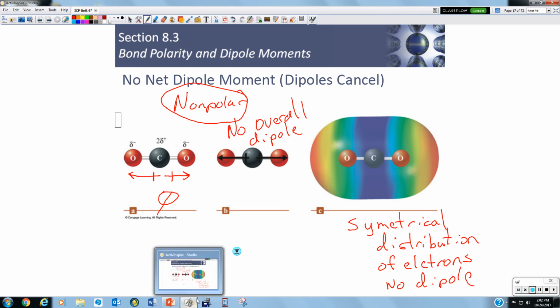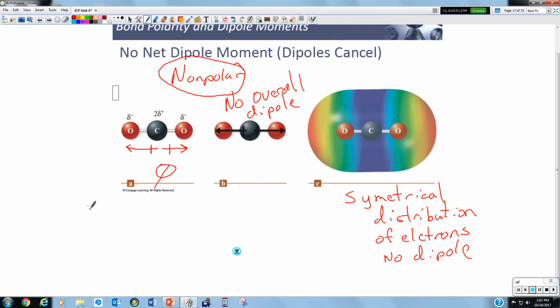And I will tell you this has a lot to do with the shape of the molecule, and it has to do with what's involved in the molecule as well. So I am going to make one more statement that I want you to have for this.